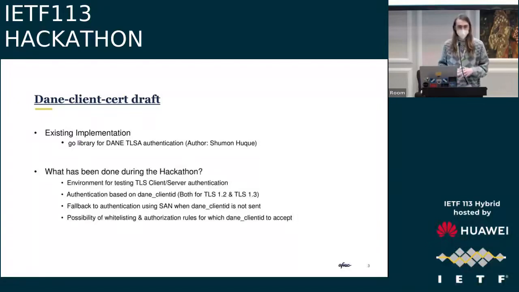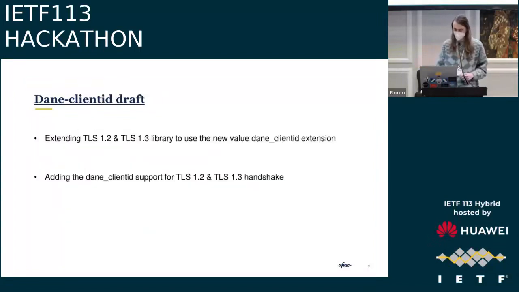We also implemented the fallback using the subject alternative name when the DANE client ID is not sent in the extension. There is also a possibility to do authorization rules to allow or deny connections based on the client ID and some mechanism that you want to implement. And for the DANE client ID extension, as I mentioned, we've implemented the TLS 1.2 and TLS 1.3 extensions in the Golang TLS library.